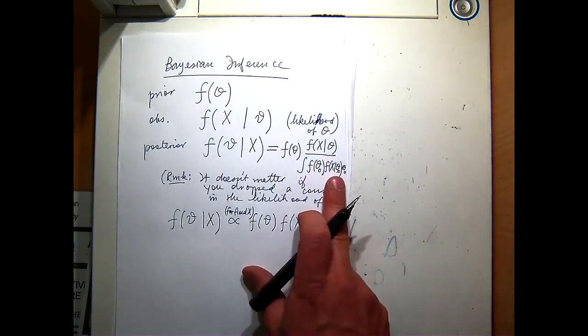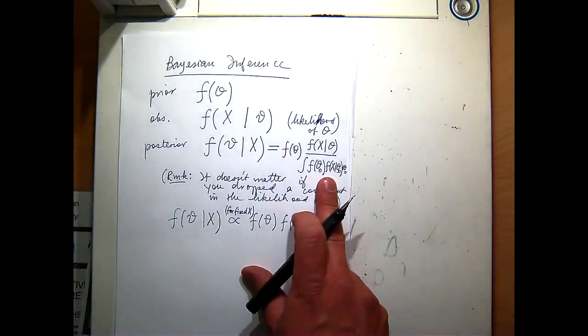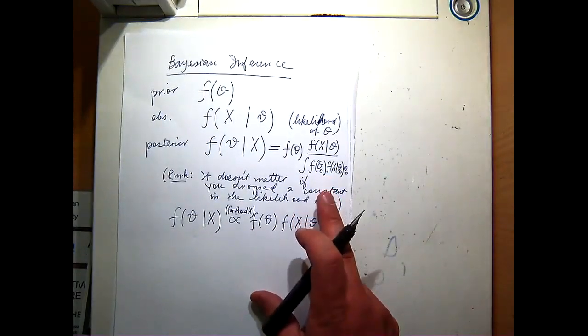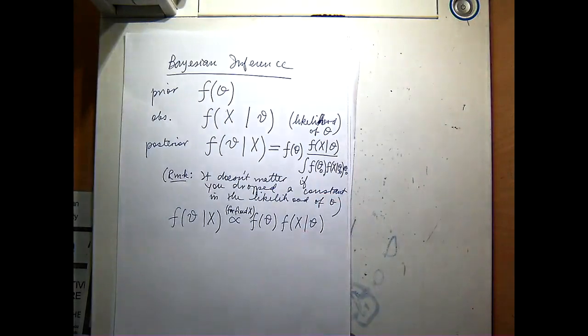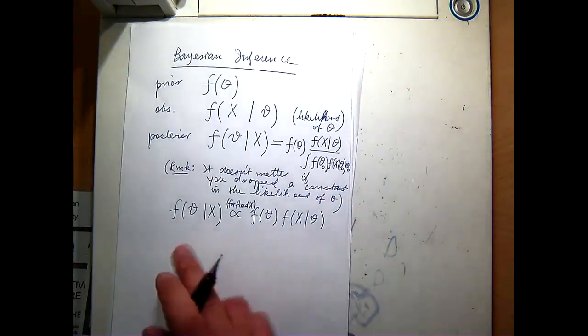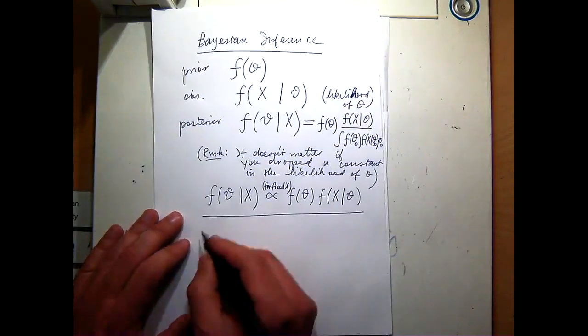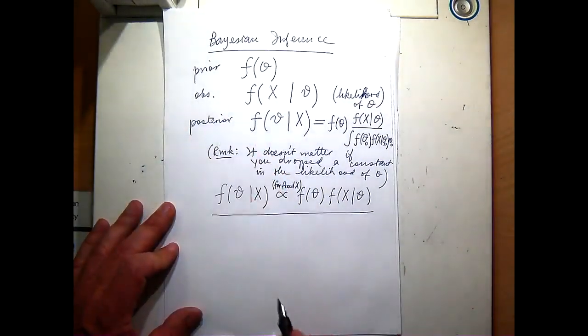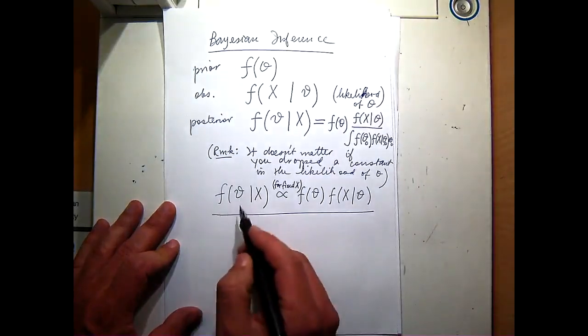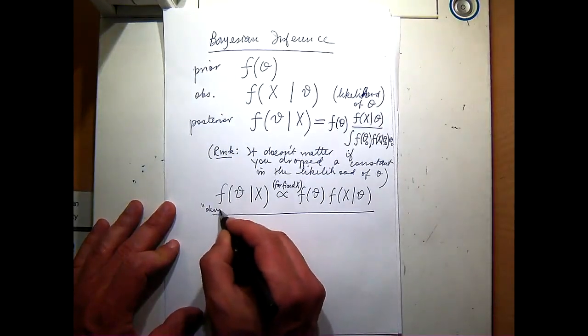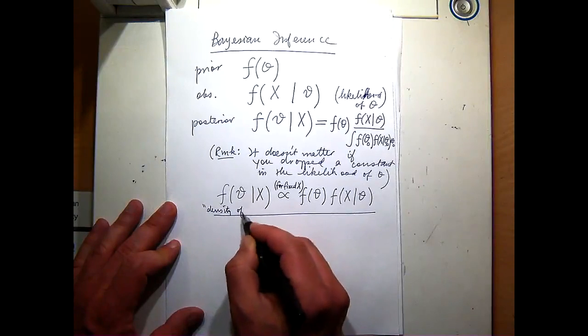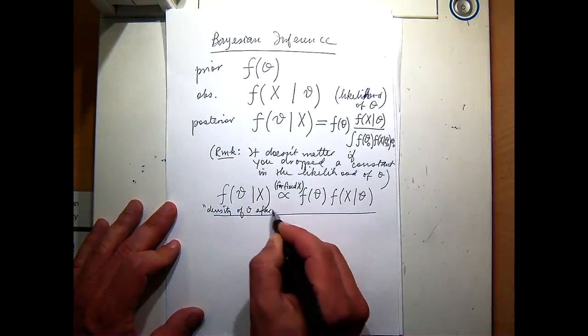Because whatever the denominator is, it depends on x, but x is fixed, so it'll just go into the constant. In practice, that's the most common way we update our densities. That's the first part of inference, just the basics. And that means you think of this as the density of theta after seeing the observation.